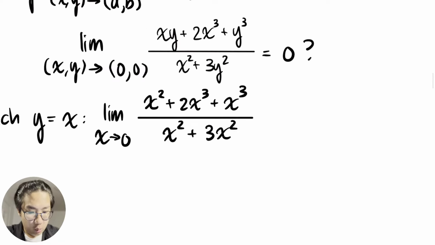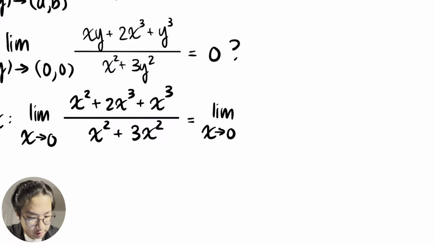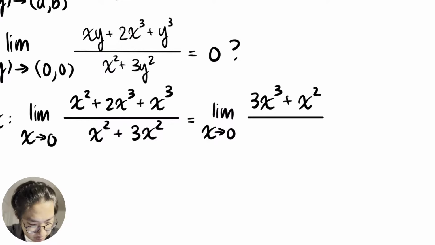Now we just need to check what this limit equals. First, we can simplify our numerator a little bit by collecting like terms. So we have the limit as x approaches 0 of 3x cubed plus x squared, and in the denominator, 4x squared.